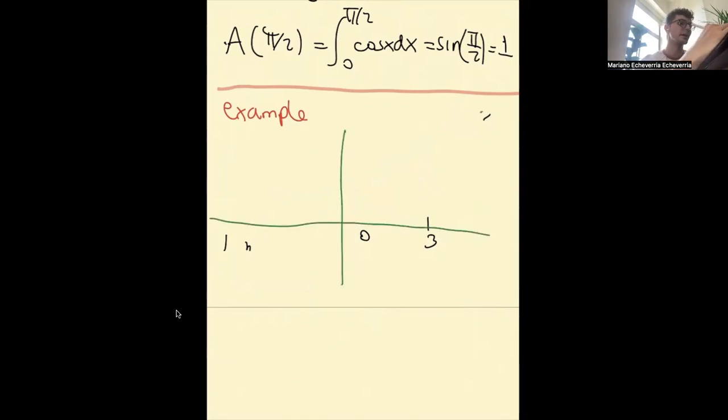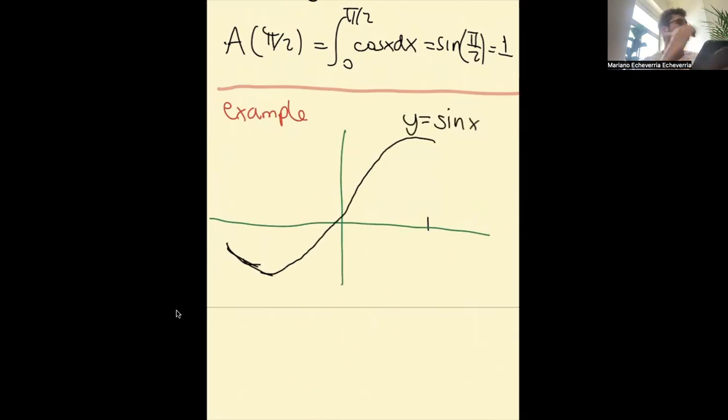Let's do the sister of the previous one, which is with sine. So maybe here y equals sine of x, and I'll do the integral from 0 to pi over 4.